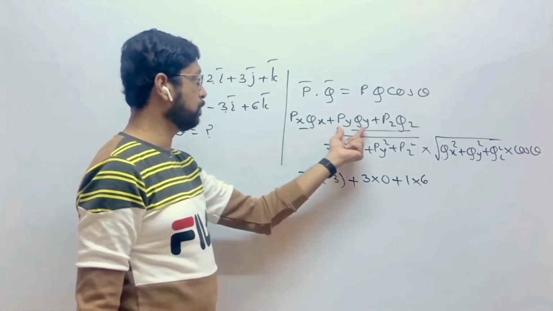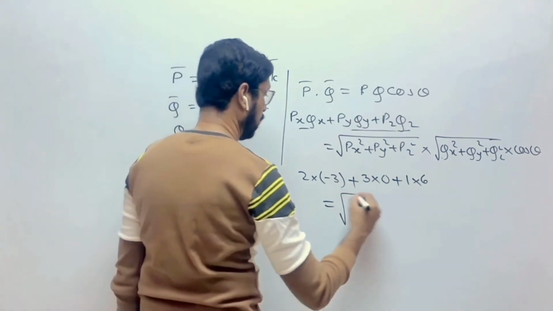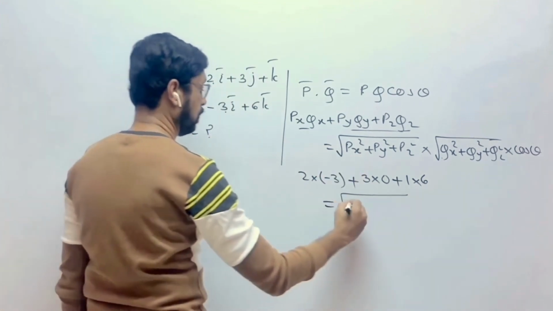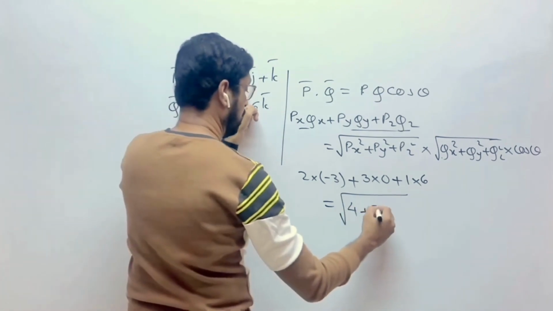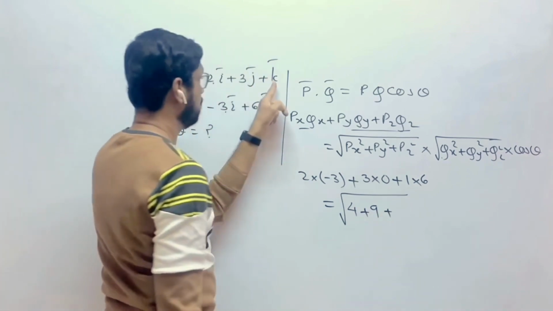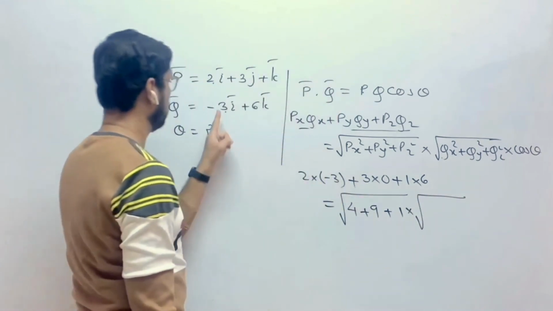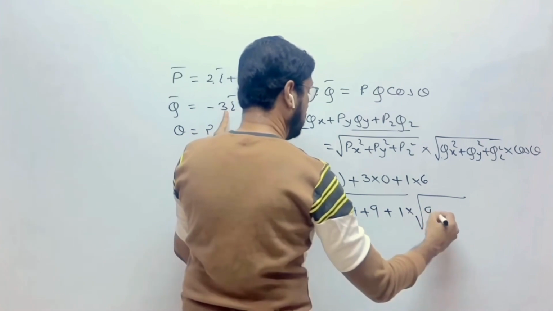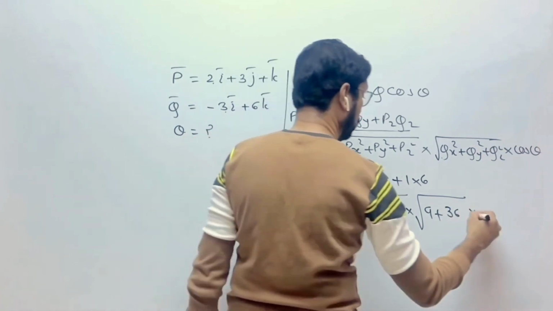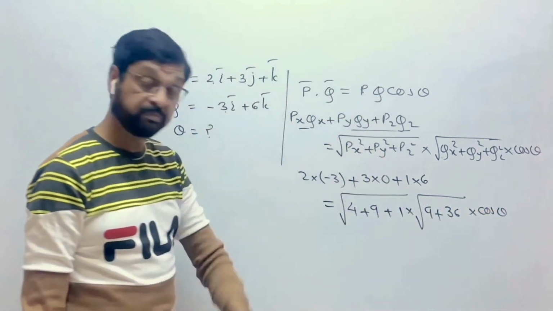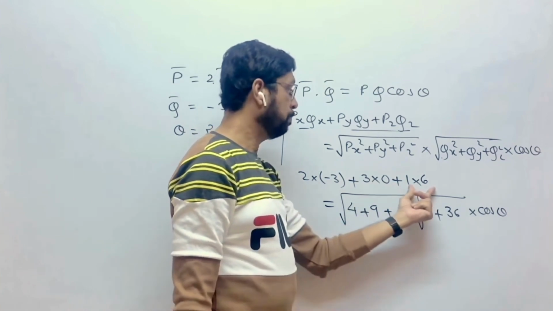This is Px Qx plus Py Qy plus Pz Qz, which is equal to under root Px square, 2 square is 4, plus Py square, 3 square 9, plus Pz square, 1 square 1, into under root minus 3 square is 9, plus there is no y, 6 square is 36, into cos of theta, right? 2 into minus 3 is minus 6, this is 0, plus 6.